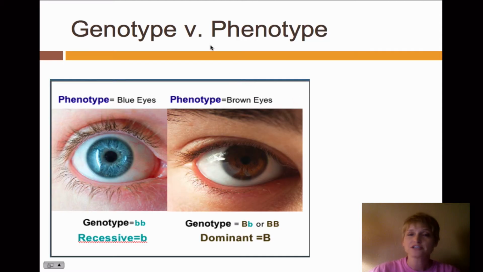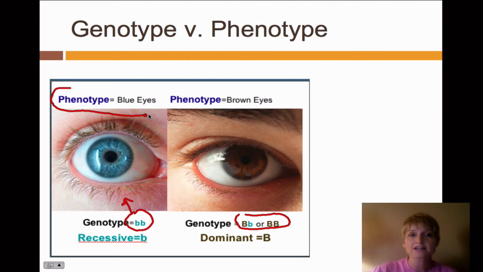Now let's talk about genotype and phenotype. The genotype is just the letter combinations. Here the genotype for blue eyes is going to be lowercase b, and that's going to indicate blue eyes. The genotype for brown eyes could be capital B, lowercase b, or it could be capital B, but the genotype is the letter combinations.